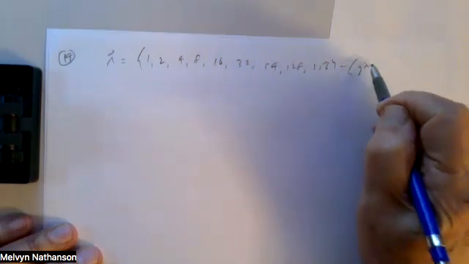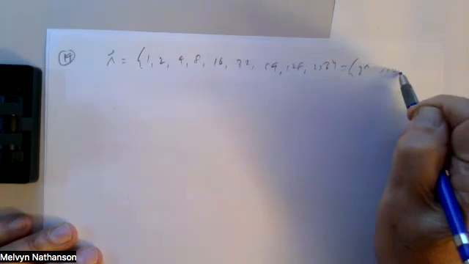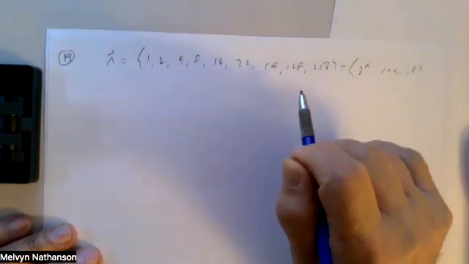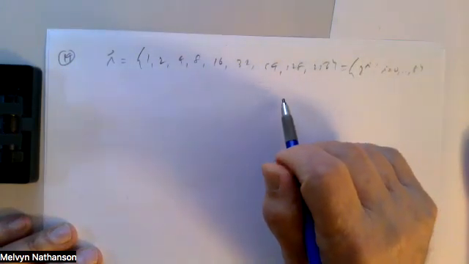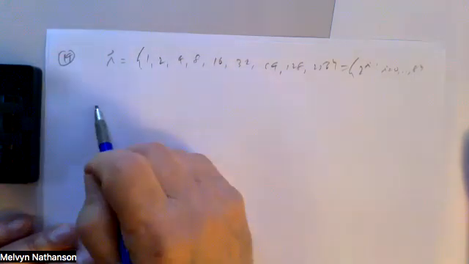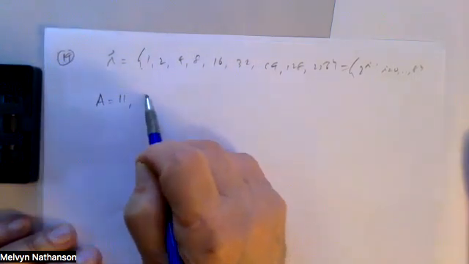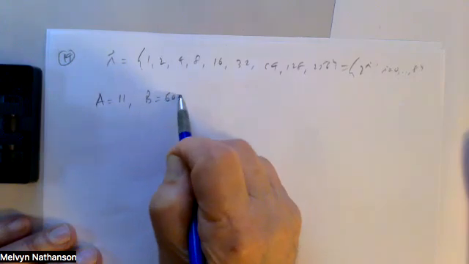If you check, this is 2 to the I, where I goes from 0 up to 8. Choose A equal to 11 and B equal to 600.